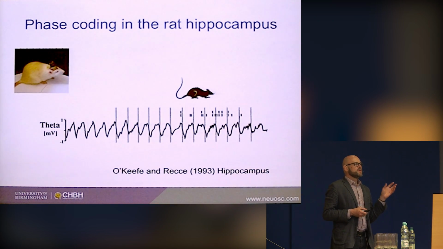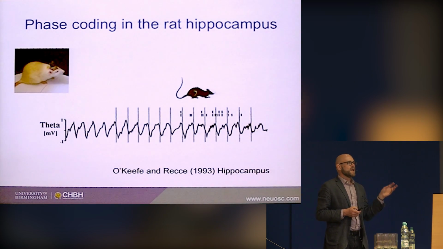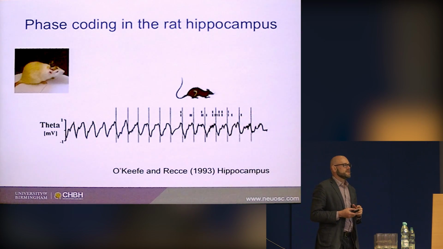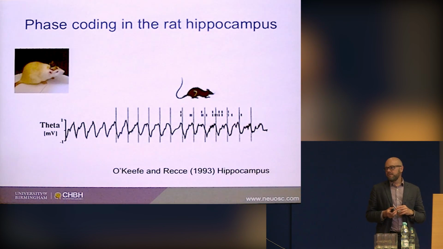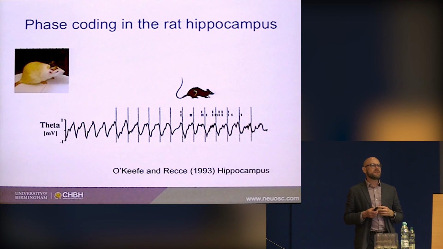Not only did he do that, he also has been investigating the relationship between these place cells and ongoing oscillations. The plot you see here is an example where in the lower trace you see the ongoing theta band oscillations in the rat.